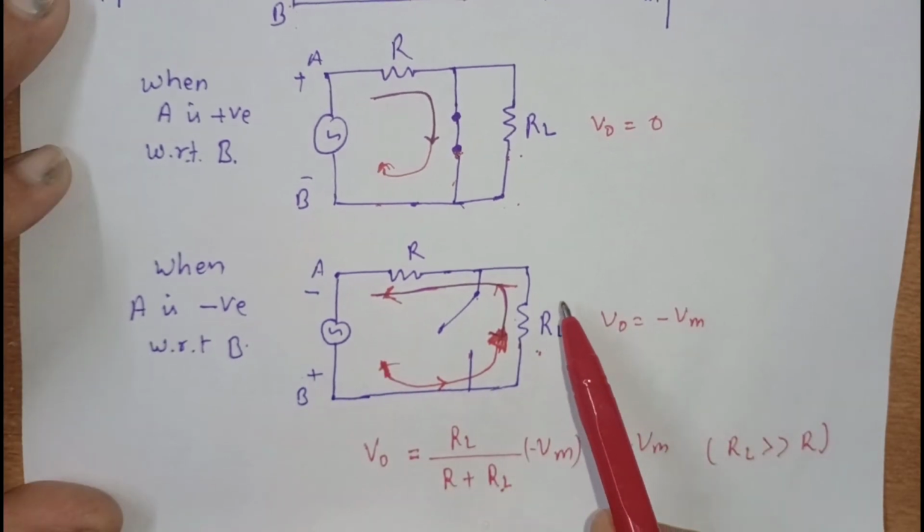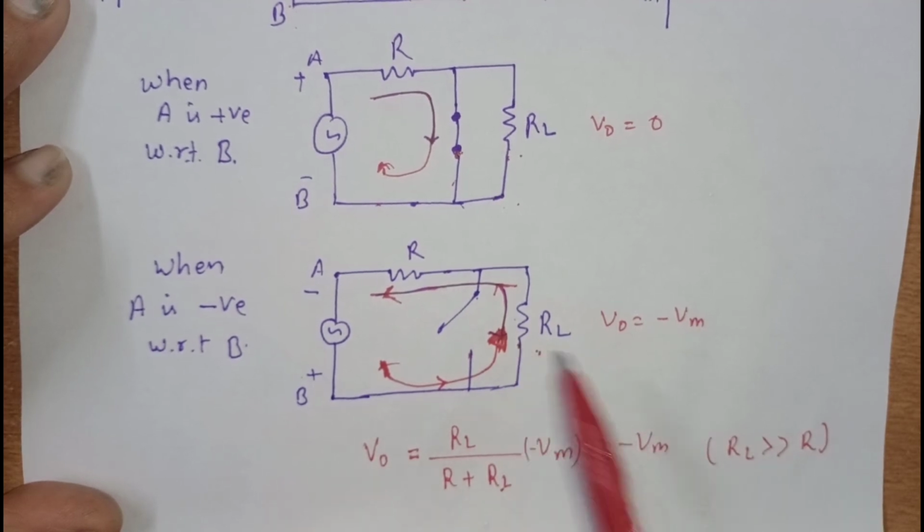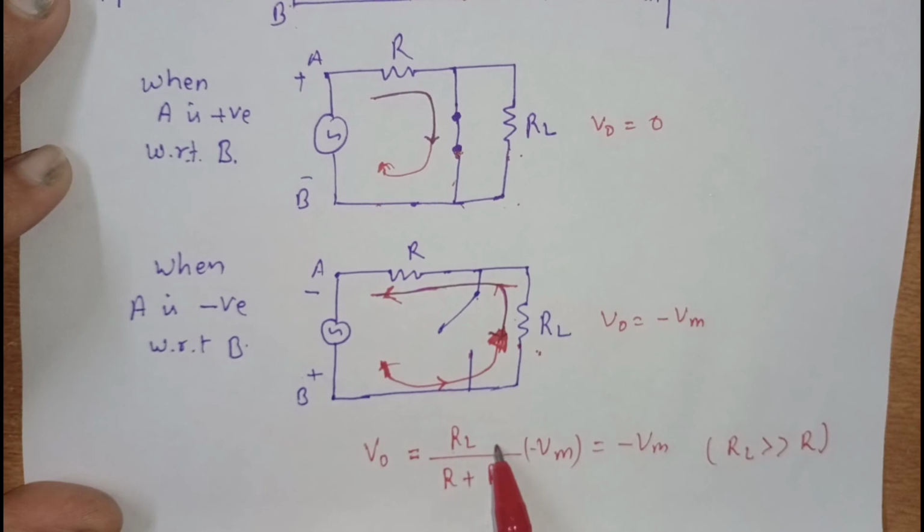To calculate the voltage across RL, we will use the voltage divider rule. The voltage across RL is RL times the input voltage divided by the equivalent resistance of this circuit. In this case, the equivalent resistance is R plus RL. As RL is much greater than R, we can neglect R. This RL will be cancelled by this RL, so what is left is minus Vm.